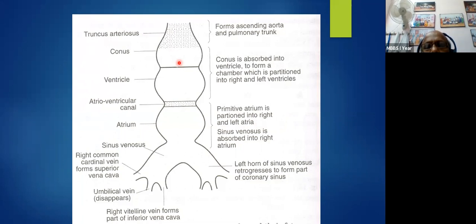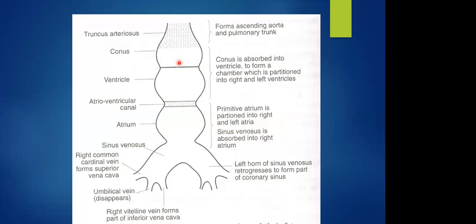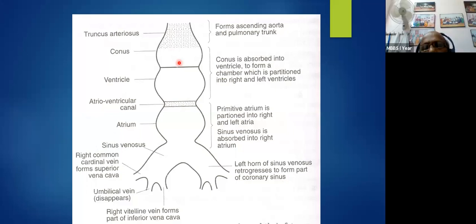Yes, sir. Which is the outflowing part of right ventricle? Yes. Is it very difficult to unmute and talk?